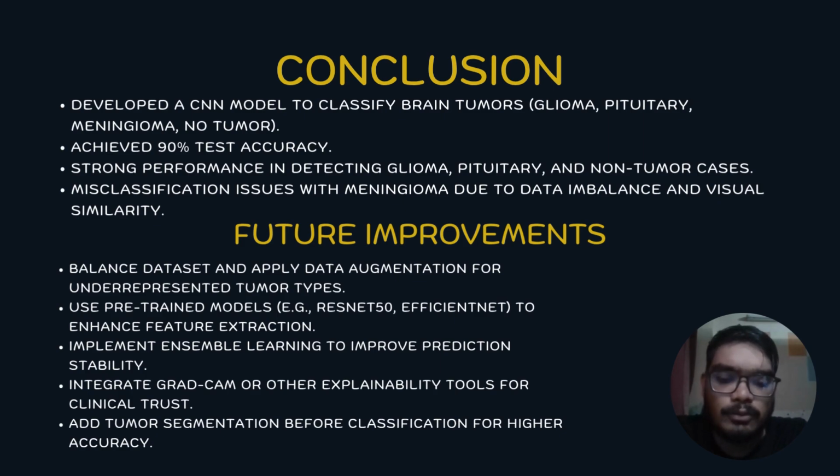For further improvement, we plan to balance the dataset, apply stronger data augmentation, and use pre-trained models like ResNet 50. We also aim to add explainable tools like Grad-CAM and include tumor segmentation to boost accuracy and clinical reliability.